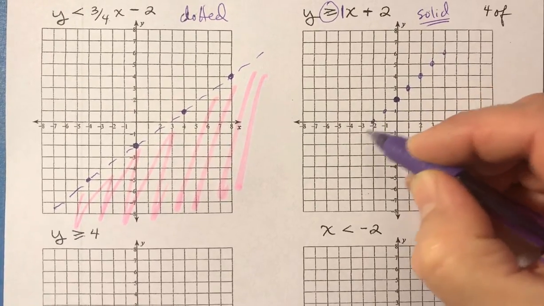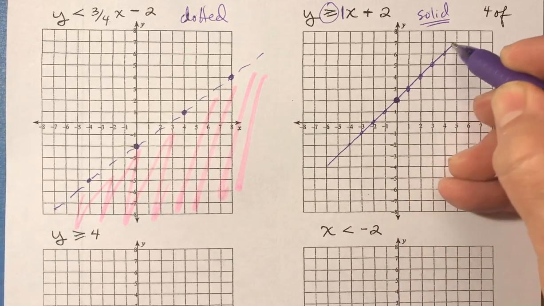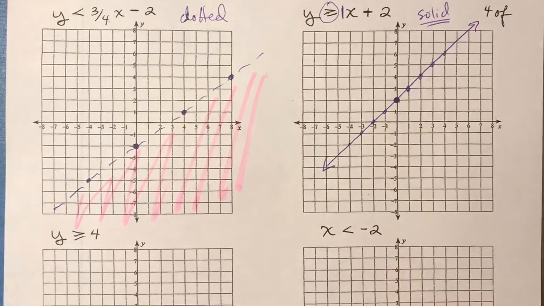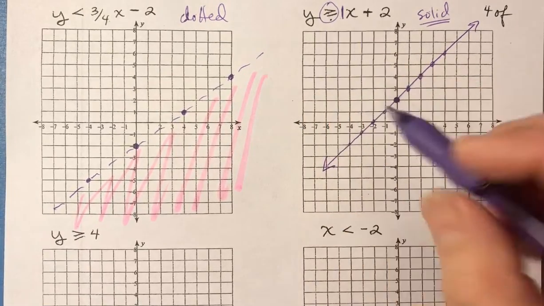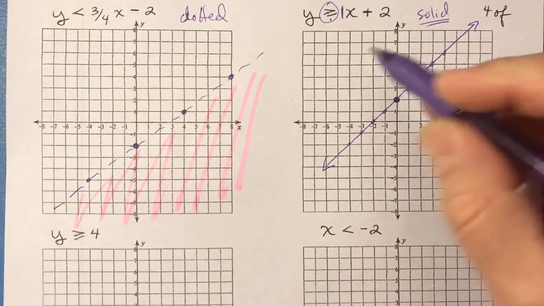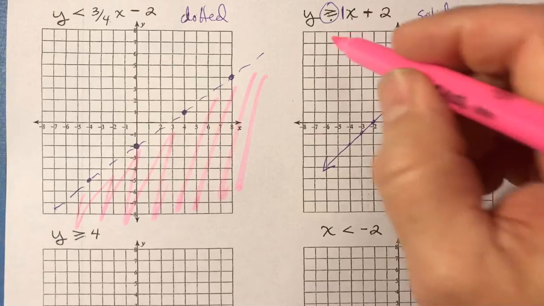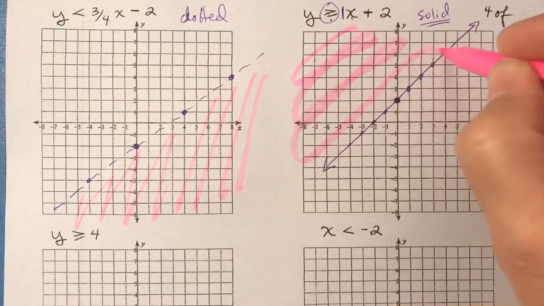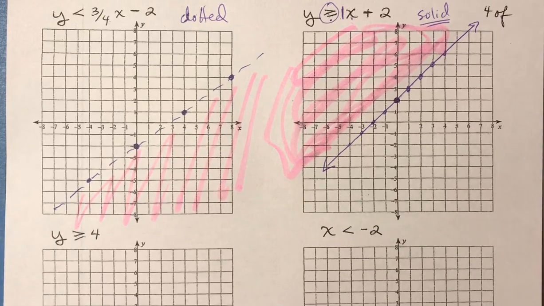Looks like this. And we want all the y values to be greater than x plus 2. And that would be all of the y values of the points that are above that line.